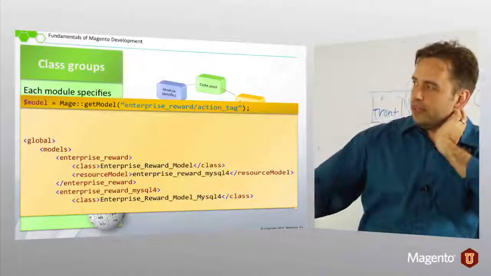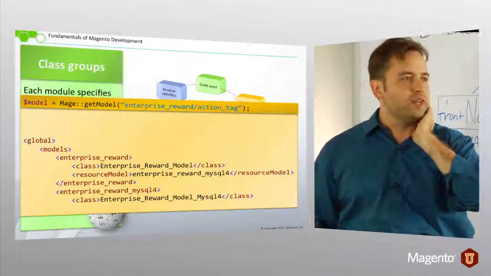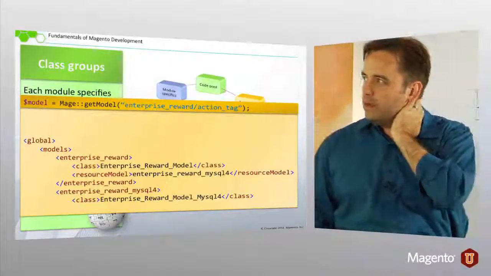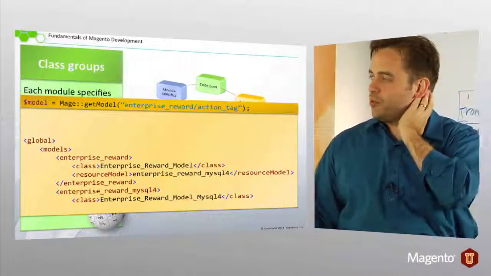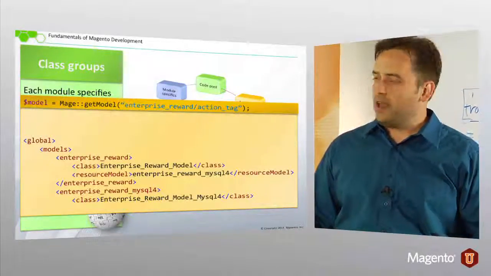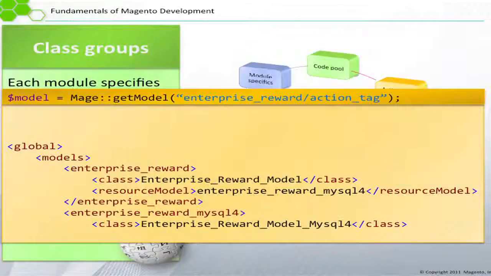For a class group, again, we'll look at one of the enterprise module configurations. So in the enterprise reward module, in app/code/core/enterprise/reward/etc/config.xml, we'd have a config node, and then global, models, enterprise_reward. Enterprise_reward, enterprise_reward.